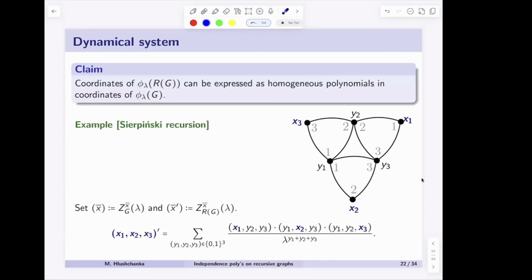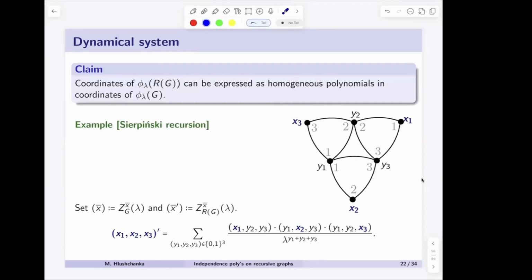So basically, if you have any independent set in this bigger graph, you could split it up as an independent set in each of the copies. The thing that you have to keep in mind is that if you chose one of these vertices in the independent set, then you will have to compensate by this factor because this vertex was counted twice, basically, if it was chosen.